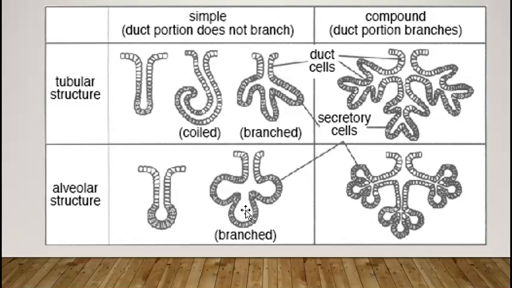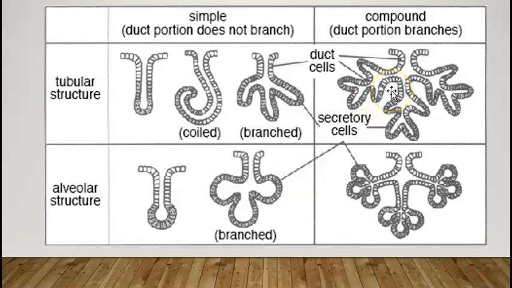Simple branched acinar glands are found as sebaceous glands. And simple branched tubular glands are found in gastric glands. So this one is large intestine, sweat glands, gastric glands, and this one is about the penile urethra, and this one is sebaceous glands.